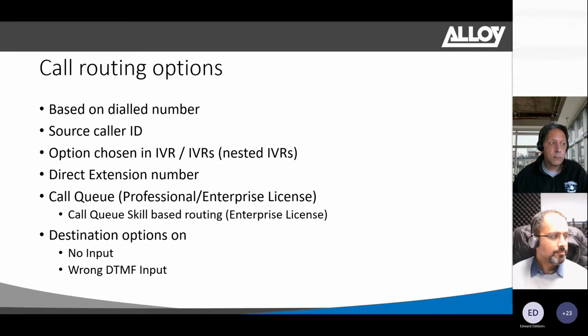And then we have destination options based on no input or wrong DTMF input. So also there you can define what happens if someone is not giving any input for a certain time, or if someone enters a wrong DTMF input, what happens then?